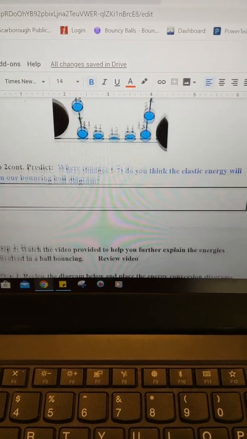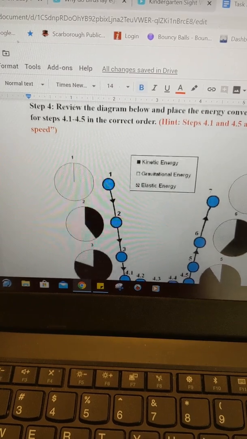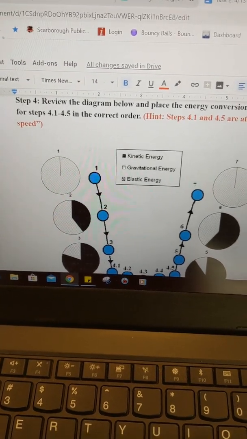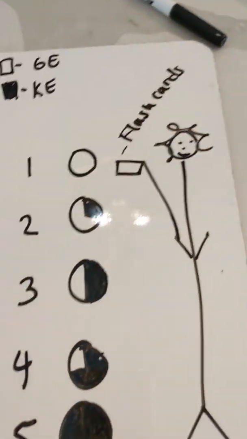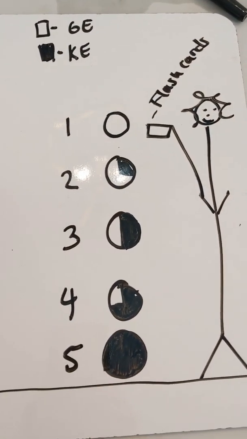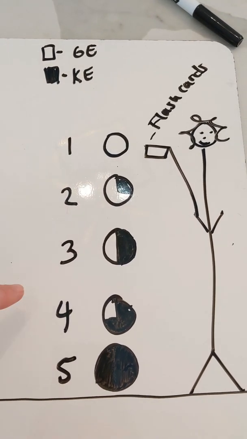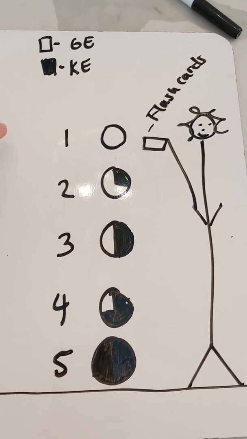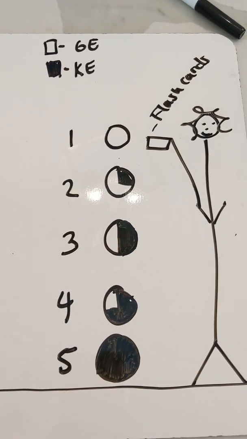You made a prediction. So now we're kind of reviewing what an energy transfer diagram is. You have this one on your screen. This is the one I did last week with the flashcards. So we had just gravitational and kinetic energy here. I dropped the flashcards. We started with all gravitational, me just holding on to it. Potential, has the potential to move.